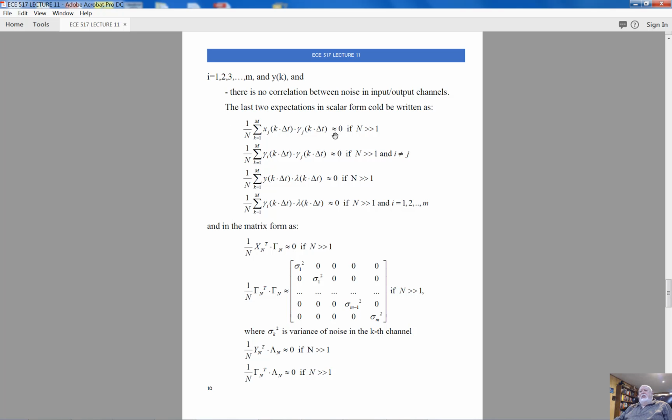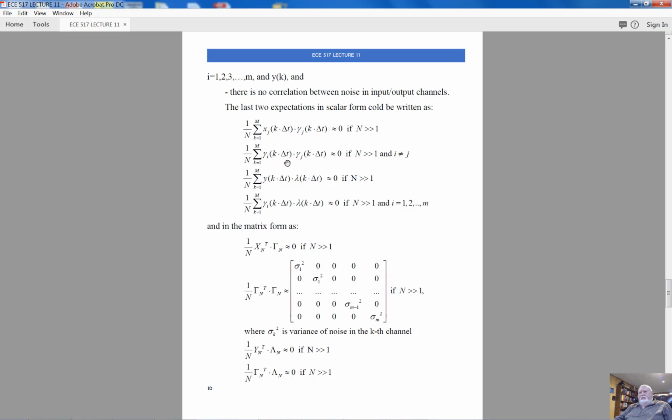We're getting zero because there is no relationship between X and Y, and also because Y has zero mean value. But the zero could be observed only for very large N, for a very large number of observations.